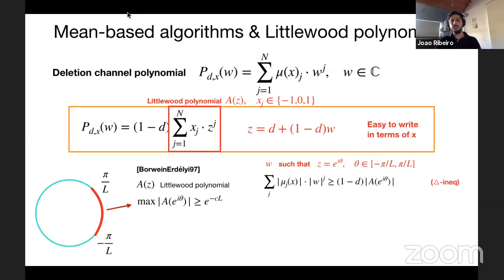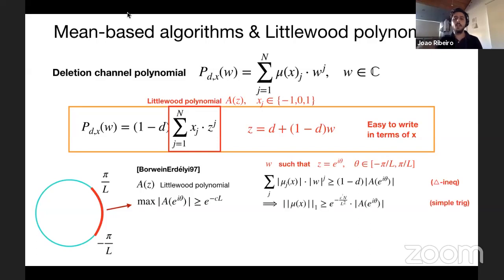Then we use a very trivial application of the triangle inequality. This gets us an inequality where on the left-hand side we have something like the one norm of the mean trace, except that it has these W to the J terms. On the right-hand side, we have the Littlewood polynomial.